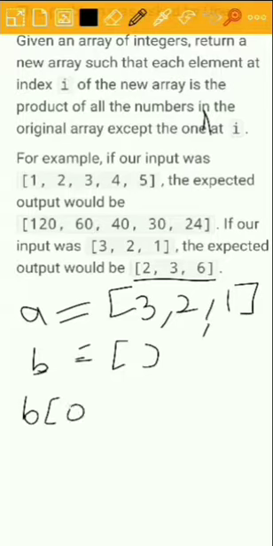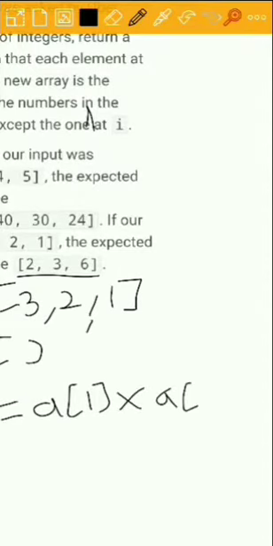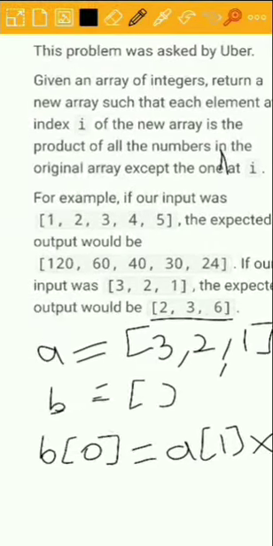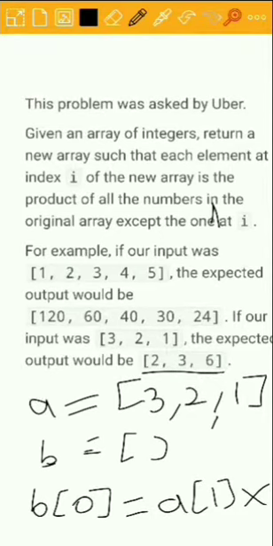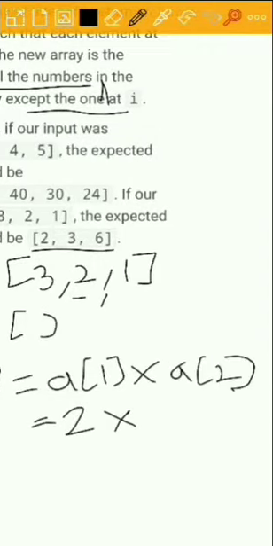So B of 0 should be the multiplication of A of 1 into A of 2. Why are we skipping A of 0? Because it is clearly mentioned in the question that it is the product of all numbers in the original array except the one at i. So A of 1 is 2 into A of 2 is 1, so 2 into 1 is 2.